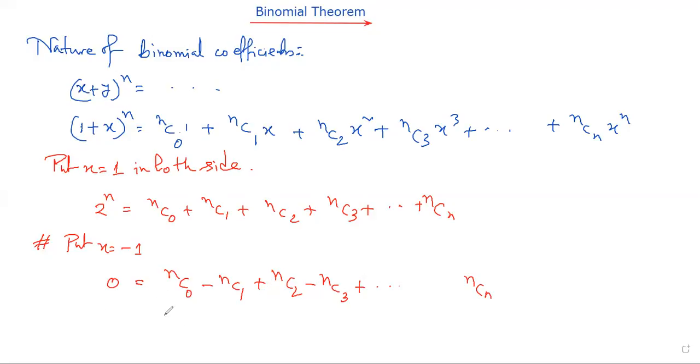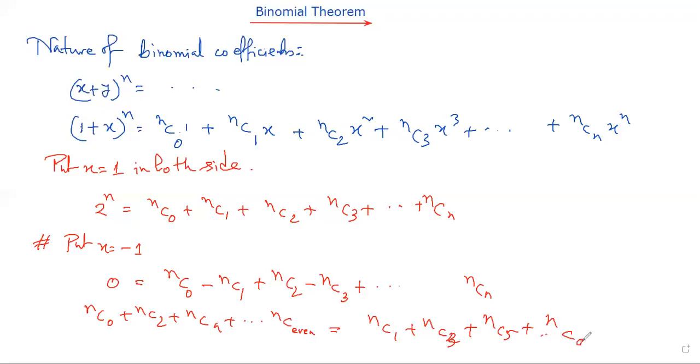So what I can find from here: nC0, nC2, nC4, all nC even, and nC1, nC3, nC5, all nC odd.